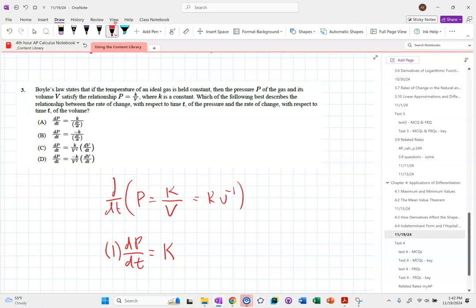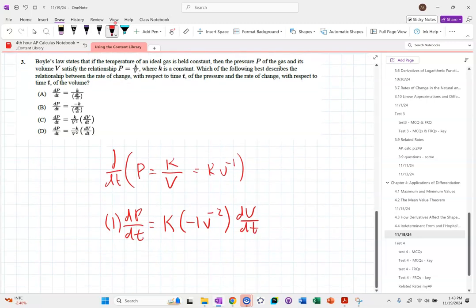So the derivative of volume, or V with respect to time, is negative 1 V to the negative 2 dV/dt. If I clean that up a little bit, I get that guy. So it looks like D.